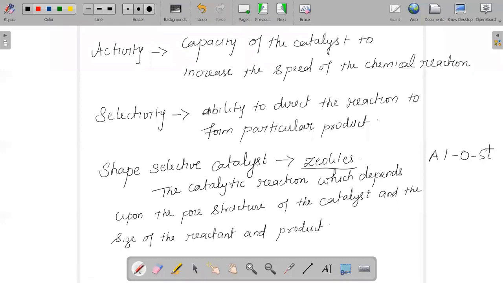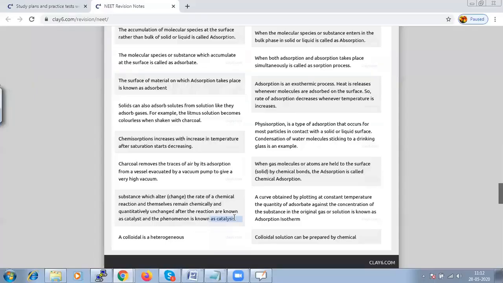So what is shape selective catalysis? It is a catalytic reaction which depends upon the pore structure of the catalyst and the size of the reactant and product molecules.